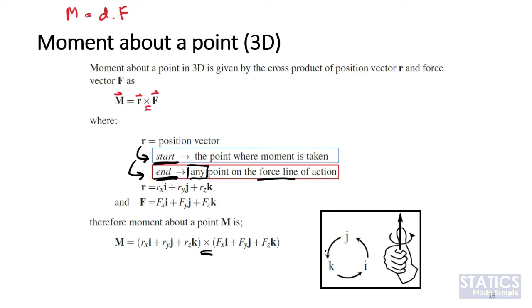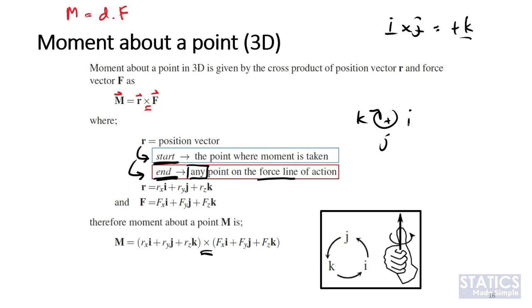Normally this is what I write when I solve this kind of cross product. Here I have i, j, k. So always remember the positive direction is from i to j to k, and it continues. For example, if I have i cross j, I will have a positive k.